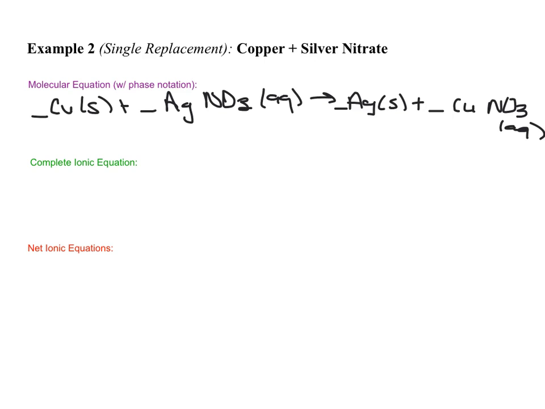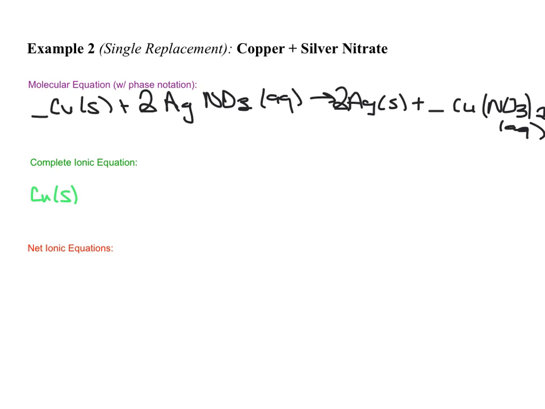And plus 2 is circled, so it's going to be NO3, 2. Now, the complete ionic, remember that means the things that are aqueous we need to break apart. So copper is solid. Oh, I didn't balance this. Let's go back and balance. Let's see, we need to put a 2 in front of our NO3, so we need to have 2 silvers, and that balances that guy out.